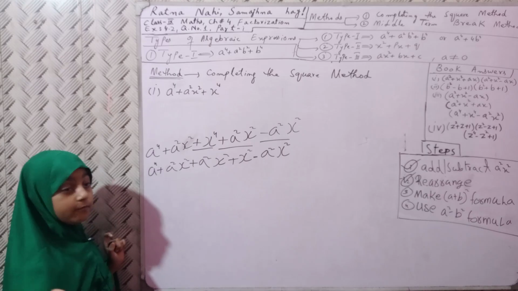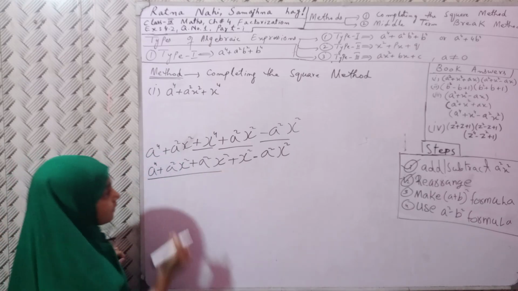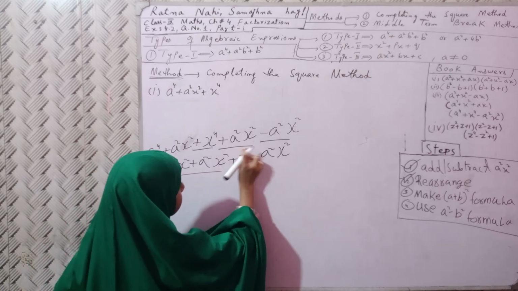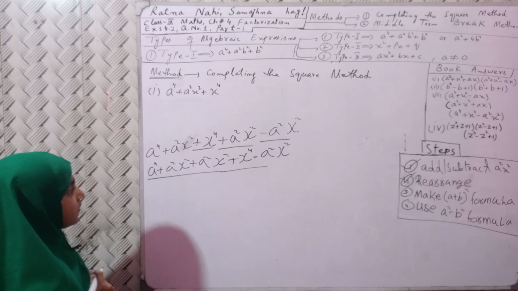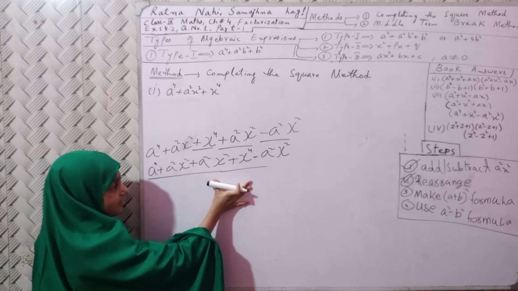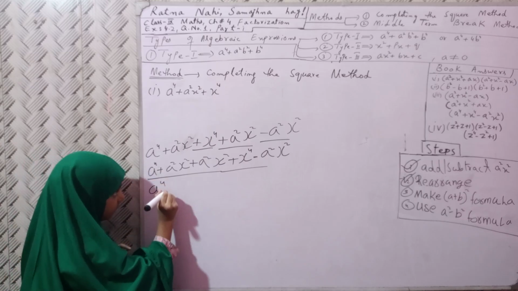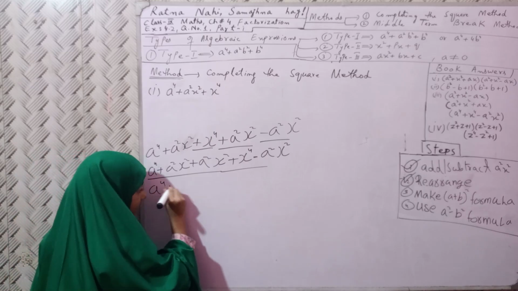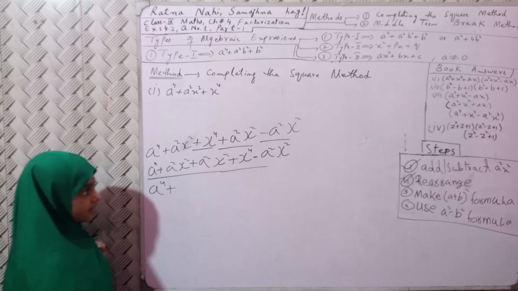Listen to me carefully. This side is the left hand side of the formula. This a power 4 will become as it is, plus a square, x square, a square, x square.